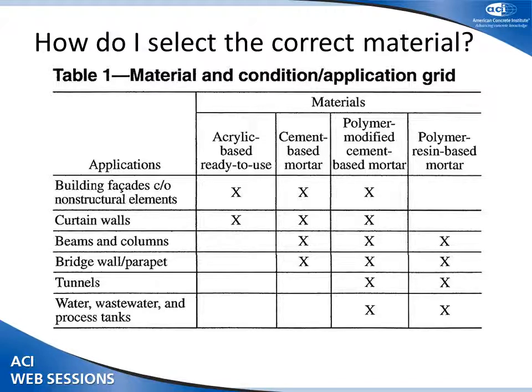The different types of materials we could select for this application would be anything from acrylic-based materials, your knife and brush grade fillers, to Portland-based materials that would sack rub the surface, polymer modified materials, and then polymer resin, such as epoxy-based materials. The one thing we want to avoid is high modulus, low modulus, high modulus type applications, where I would have something soft between two higher modulus materials.